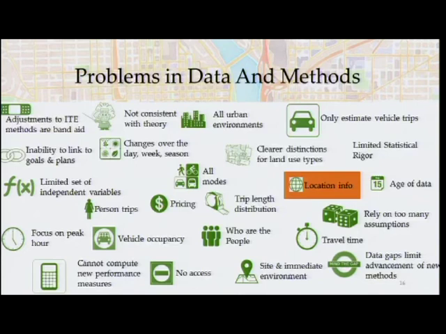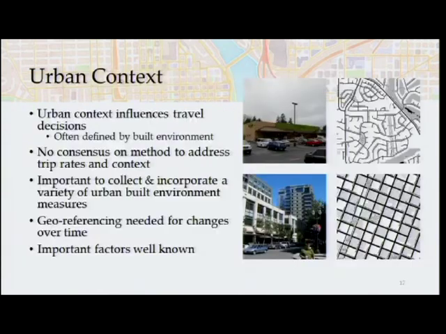So moving from age of data into location info, what we know from a lot of the research that exists today about this is that the urban form and the built environment really do influence what we observe on the site. And what we have with ITE's trip generation data is really a large data set of very suburban-oriented locations.